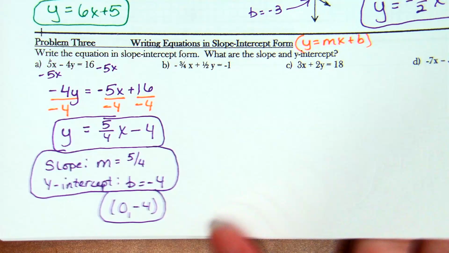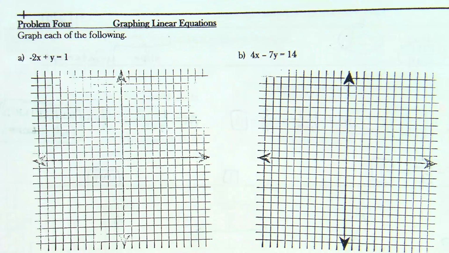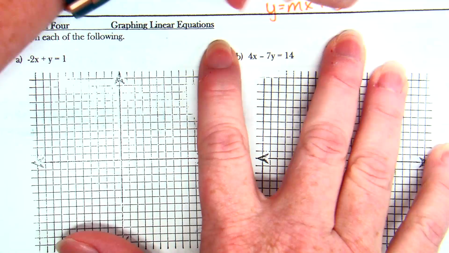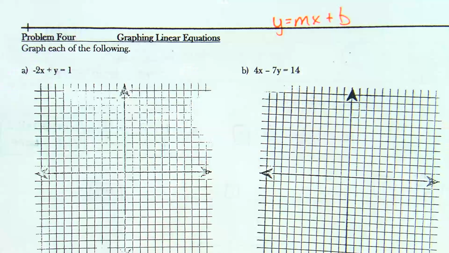So, what form of the equation are we working with today? Y equals mx plus b, right? Are these equations in y equals mx plus b form? No. So what's got to be my first step?